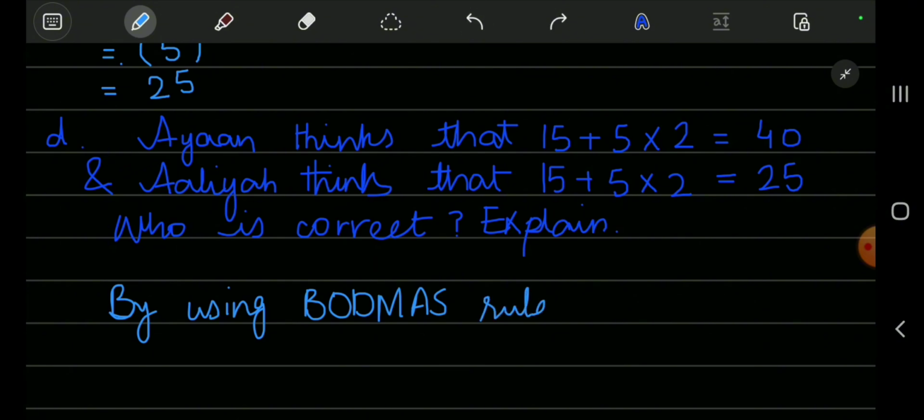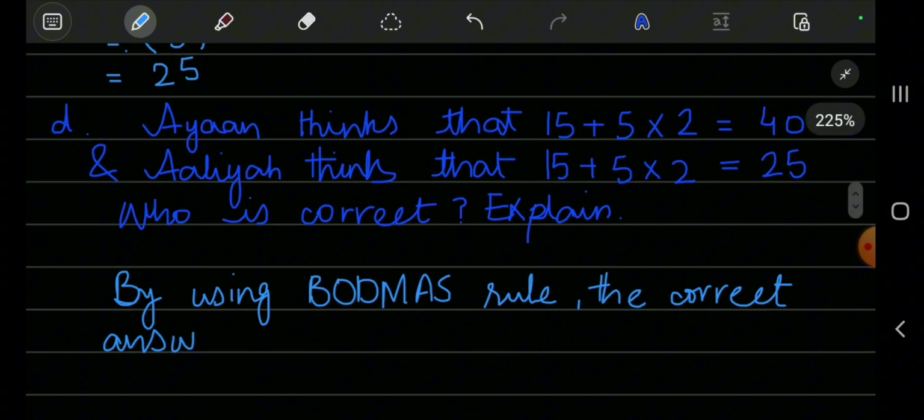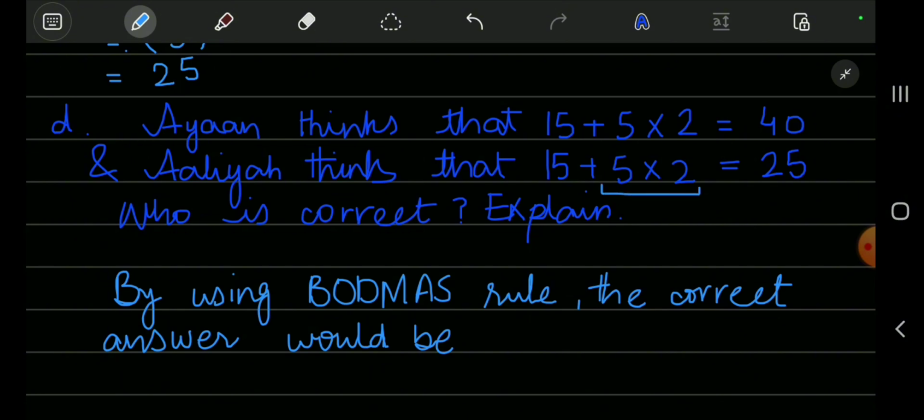Okay, so using the BODMAS rule, the correct answer would be, yes, 5 2s are 10. First multiply, and then 10 would be added to 15 to get 25. So it is going to be 25.